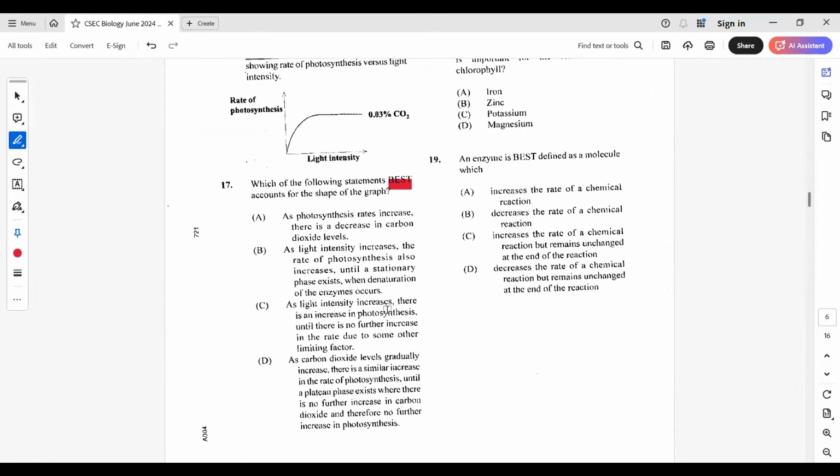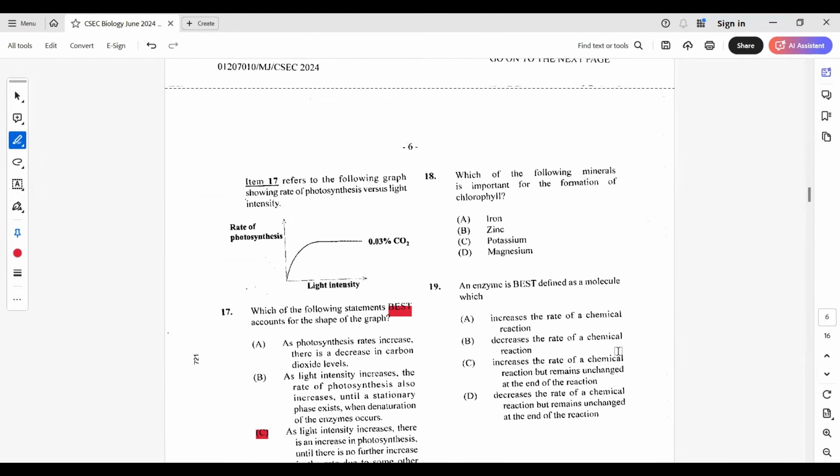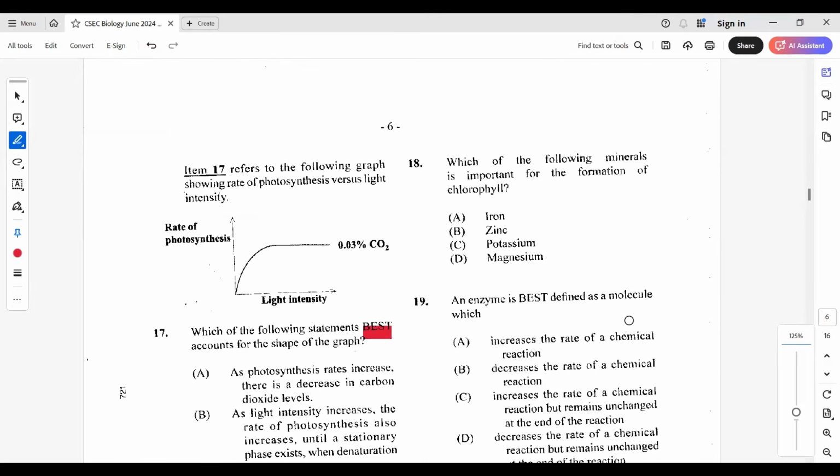C: as the light intensity increases, there is an increase in photosynthesis until there's no further increase in the rate due to some other limiting factor. Well, so far that's true. D: as carbon dioxide levels gradually increase, there's a similar rise. Carbon dioxide levels not increasing, they never said that in the graph. So 17 is C.